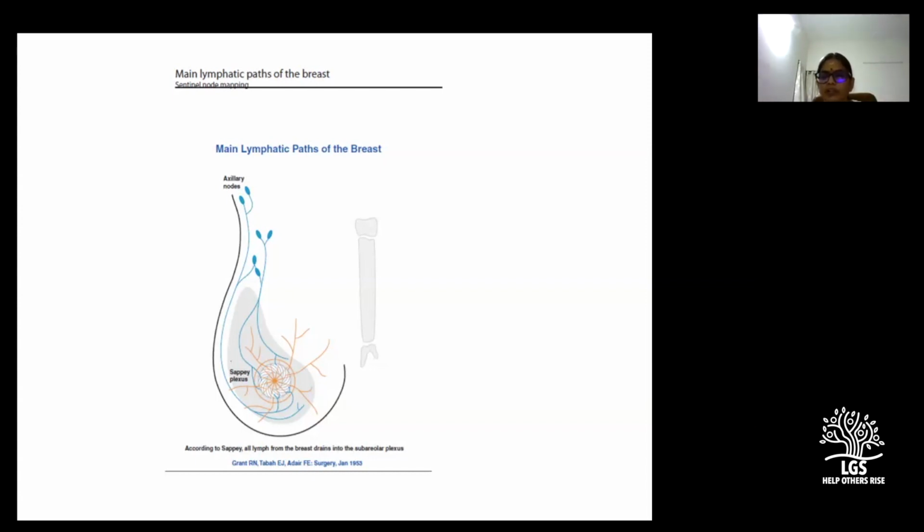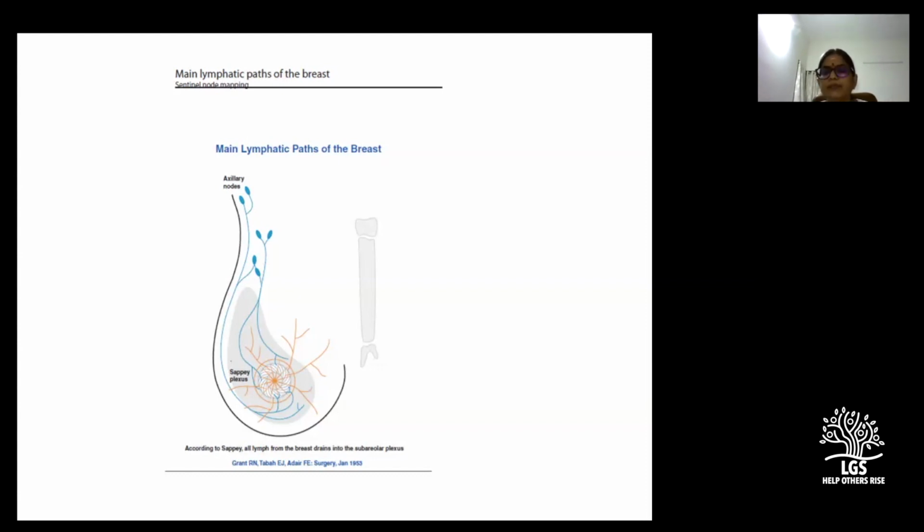So the Royal College actually trained a few people, and then these few people were allocated to train other people. And by now, if a person without proper reason undergoes an axillary clearance, they can be sued actually. So now sentinel lymph node biopsy is the standard of care.